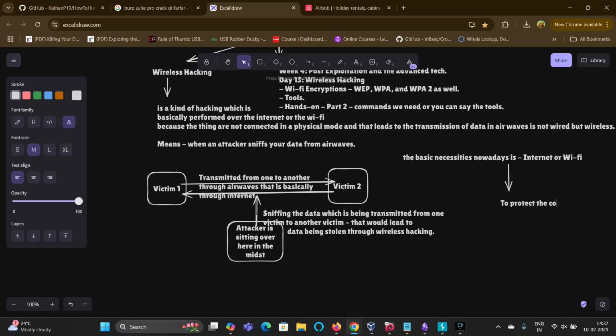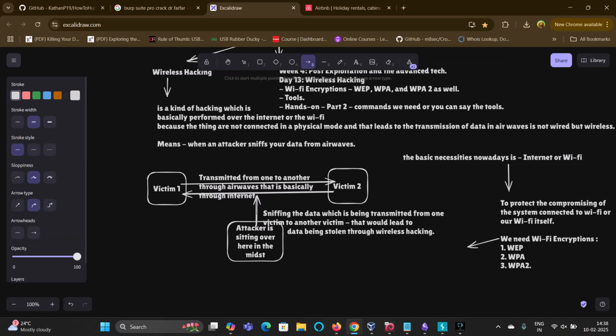To prevent the compromising of the systems connected to our Wi-Fi, or our Wi-Fi itself, we need Wi-Fi encryptions, which are basically number one WEP, number two WPA, and number three WPA2.